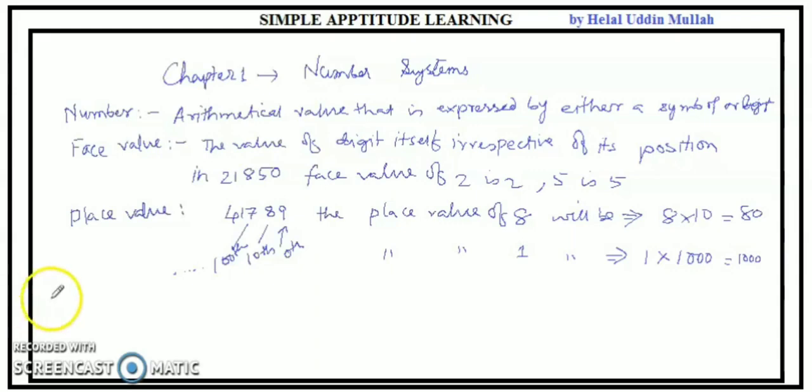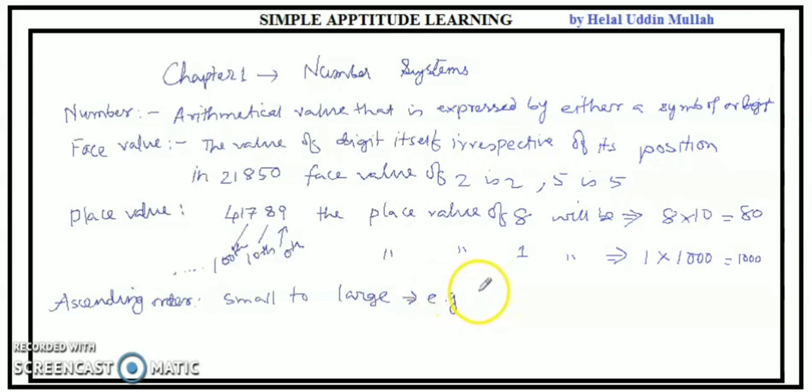And then we have two terms. Ascending order of numbers, where we arrange the numbers from small to large, for example 3, 5, 7, 9.